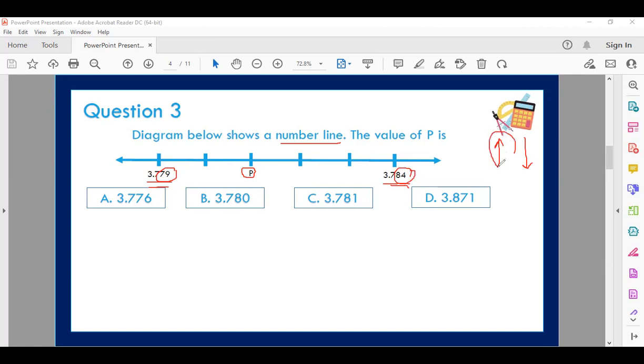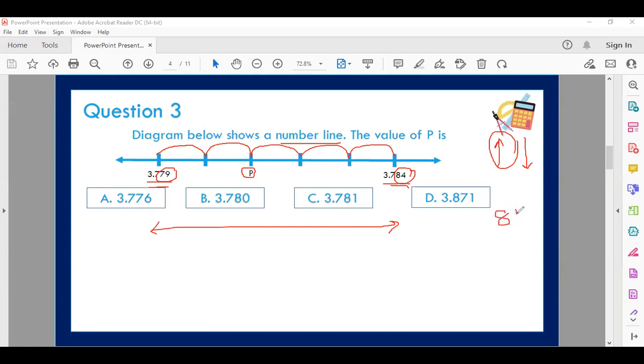So obviously, the number is going up in value. But how much is it going up is the next question. So you have to look at how many spaces or jumps it has. So 1, 2, 3, 4, and 5.